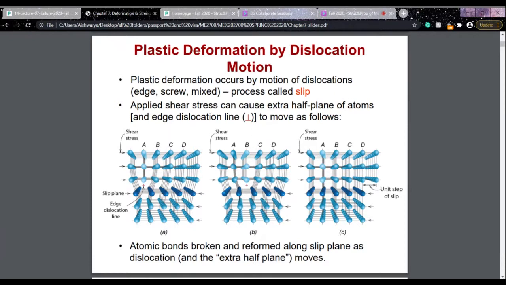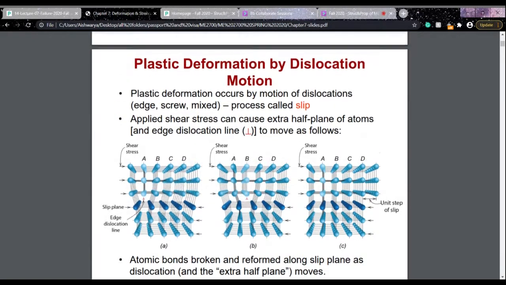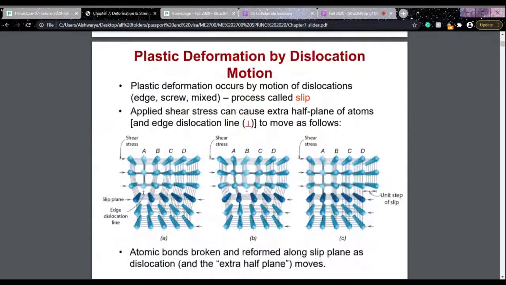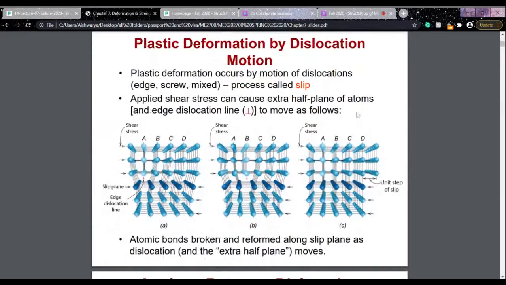So first, to start with, we have the dislocation and the strengthening mechanisms. First, we have two types of dislocations, edge dislocation and screw dislocation. The edge dislocation is like the missing of a plane of atoms, or the presence of an extra plane of atoms.